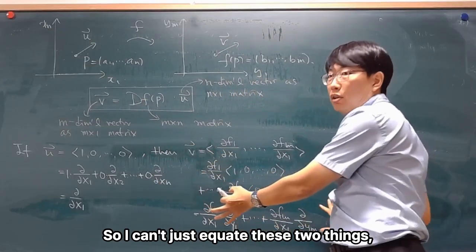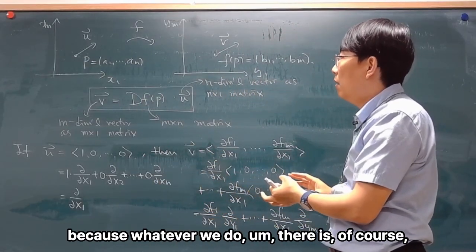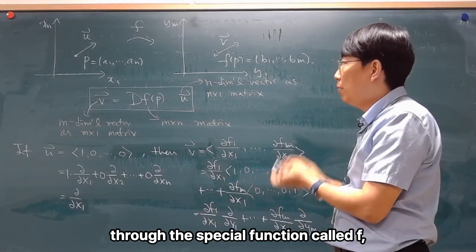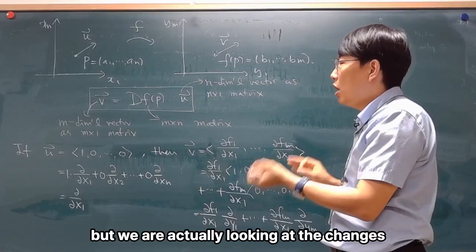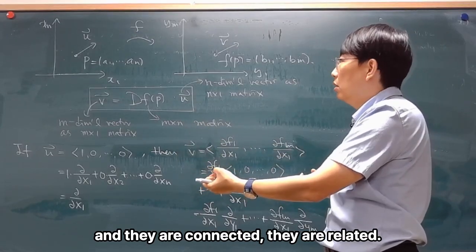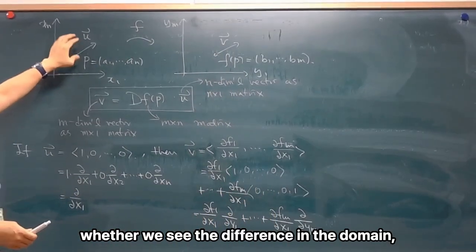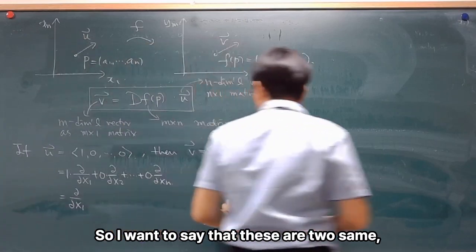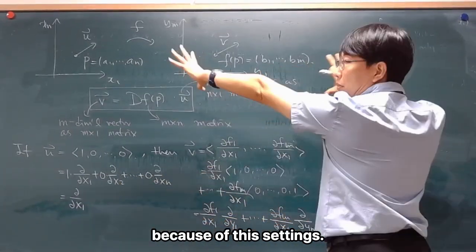I can't just equate these two things, because there is, of course, a connection between these two spaces through the special function called f, but we are actually looking at the changes in two different spaces, and they are connected, they are related. So it doesn't matter whether we see the difference in the domain or in the other space, because they are connected. So I want to say that these are the same thing because of these settings.